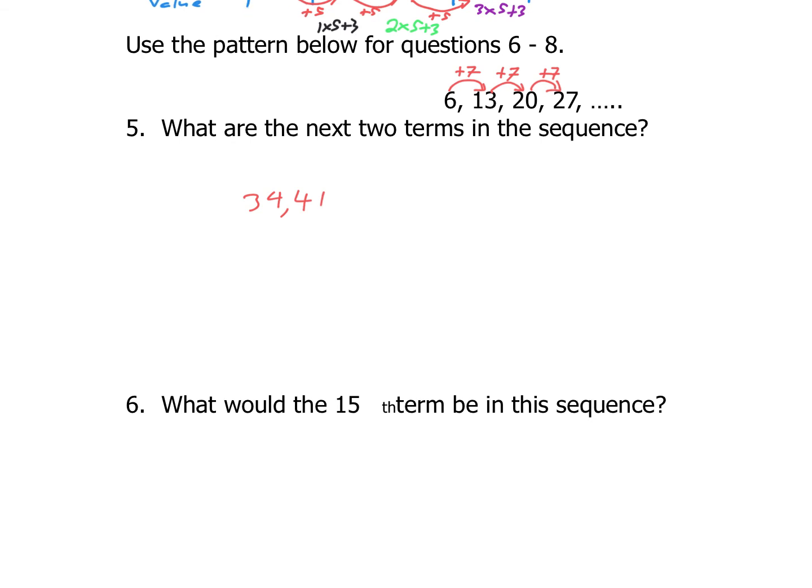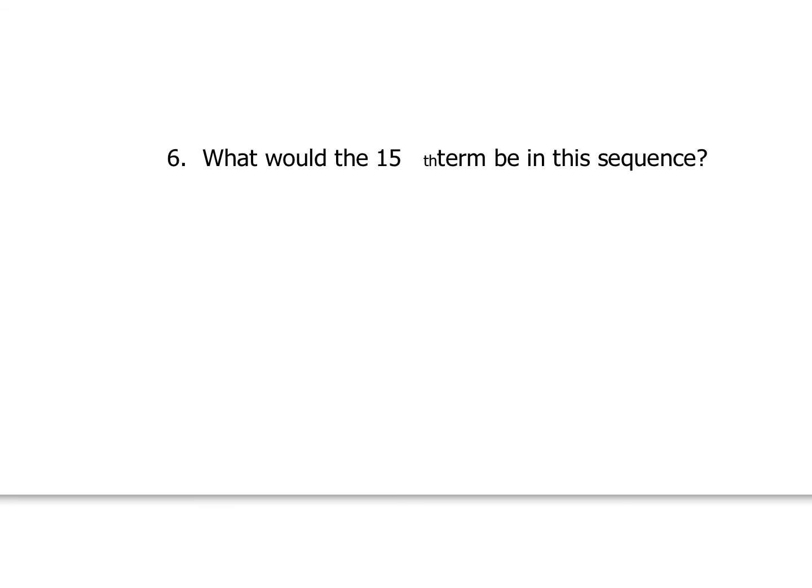All right, what would the 15th term be in this sequence? I think I will make another table of values where here we have our term number and our term value here. You'll notice I'm making it a vertical one rather than a horizontal. You can do it either way.